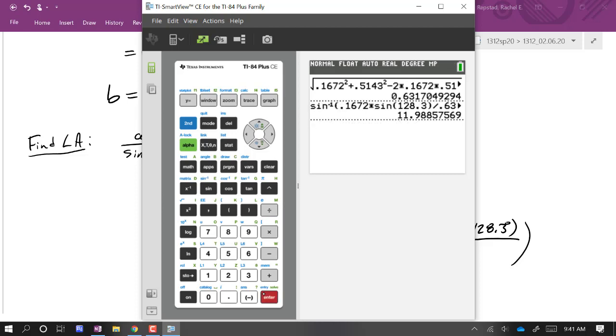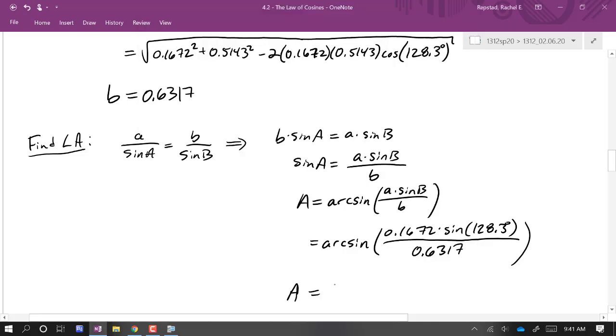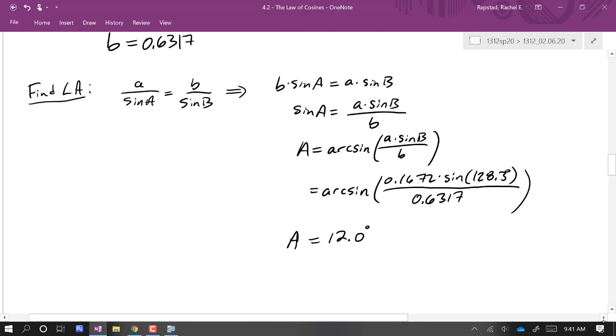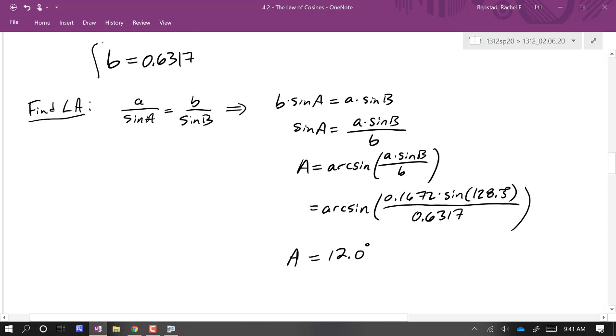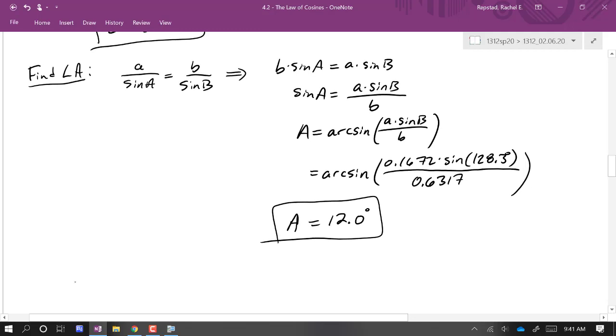That gives 11.99 degrees, or if I'm going to the nearest tenth, 12.0 degrees. So now we have B. We found side B before, now we have angle A. The only thing left to do is to find angle C, and that's the easiest part now. Just going to subtract from 180.